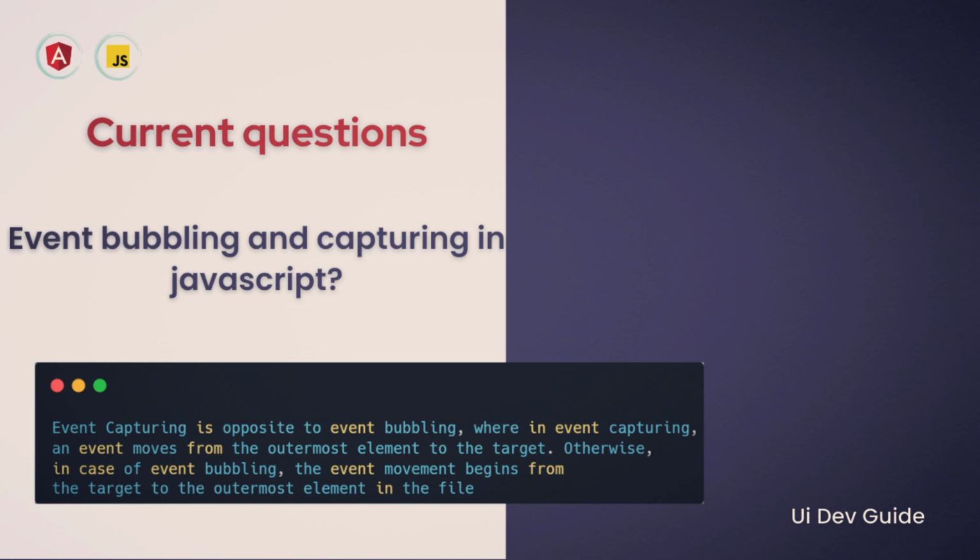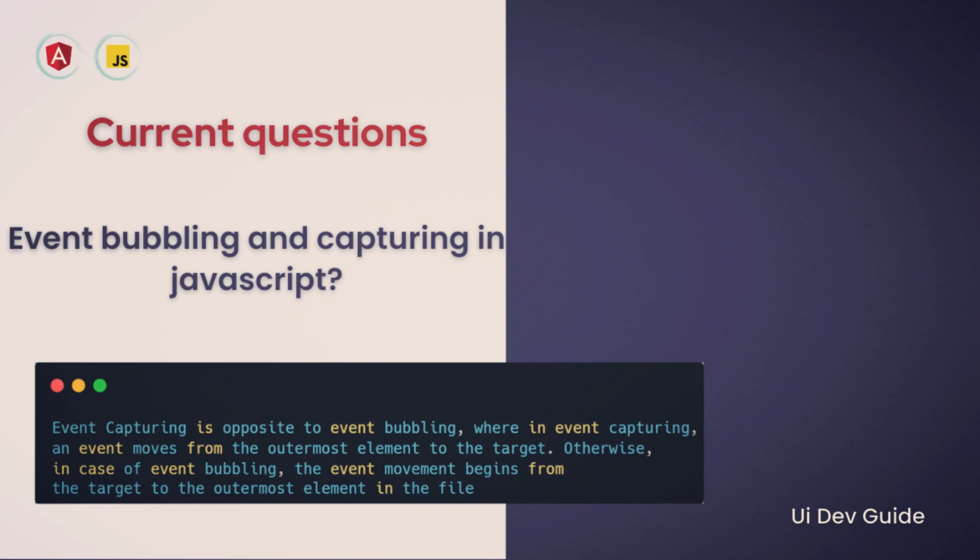If you click inside div three which contains the button, the event will keep transferring to the parent element div two, then to div one. The event will come back to the parent till it is completed. That is bubbling.